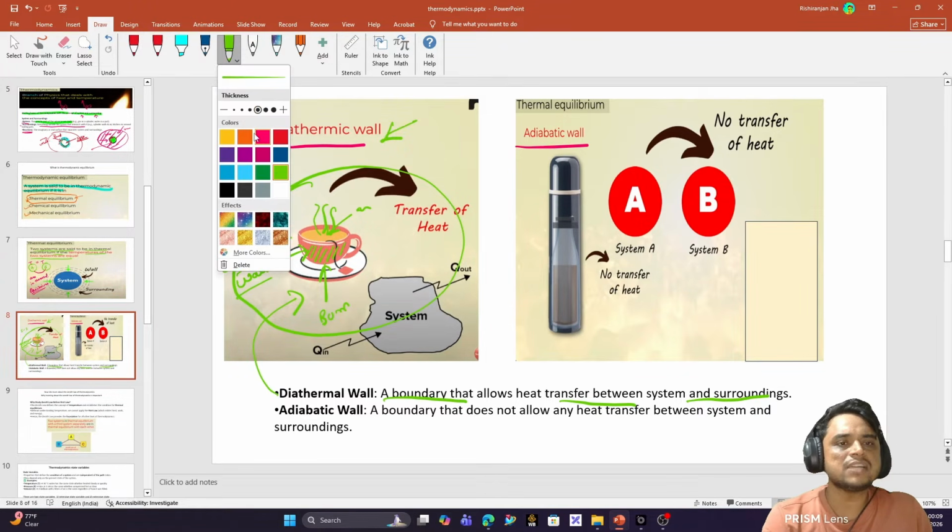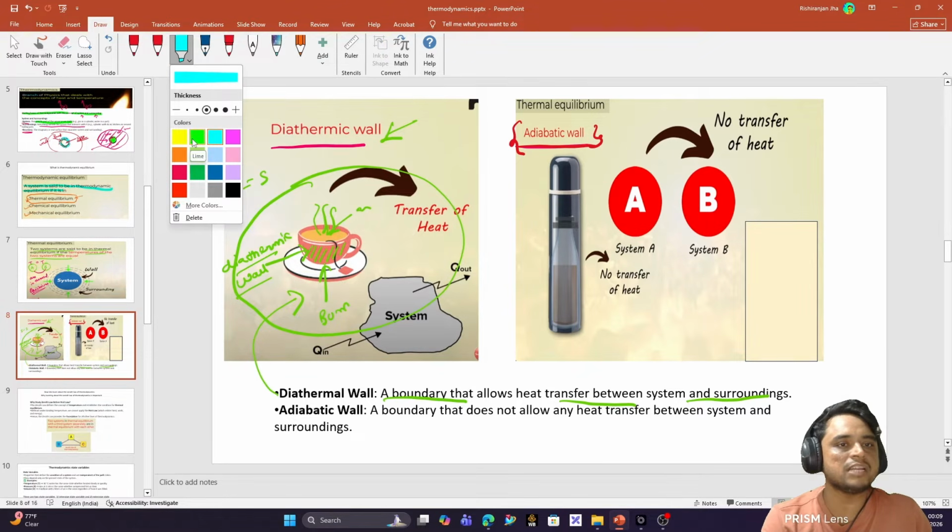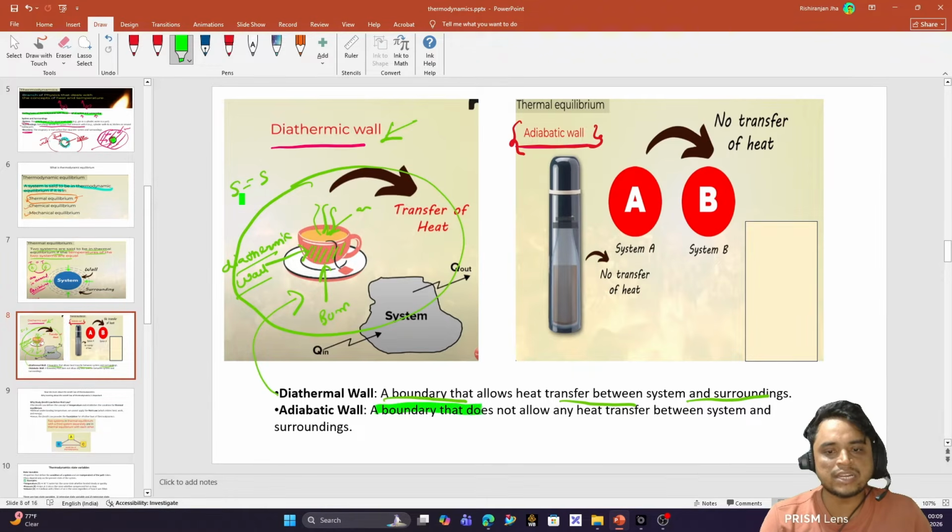Now, if you have studied thermodynamics already, you must be well aware of what an adiabatic wall is, right? But for someone who is new or who is revising thermodynamics, I would like to explain: an adiabatic wall is a boundary that does not allow any heat transfer between the system and the surrounding.